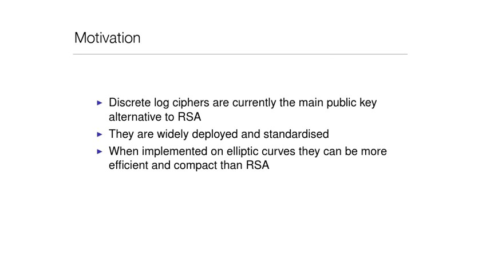It is said that when we implement discrete logarithm systems using the points on elliptic curves, it is more compact than RSA. In RSA, to obtain security, we have to use numbers with 1024 bits, so that sort of big numbers.